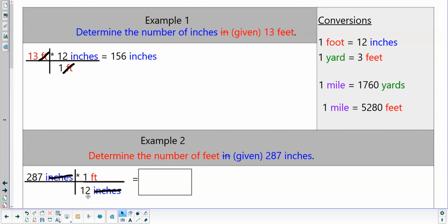So basically, I'm just saying take 287 and divide by 12. And if you do that, you should get the decimal 23.92 feet. So make sure if you're rounding, round to 2 decimal places. And the reason I know it's feet is because the inches all canceled out, so the last label that's left is the feet that was on top. Okay, so by now this should be making a little bit more sense.